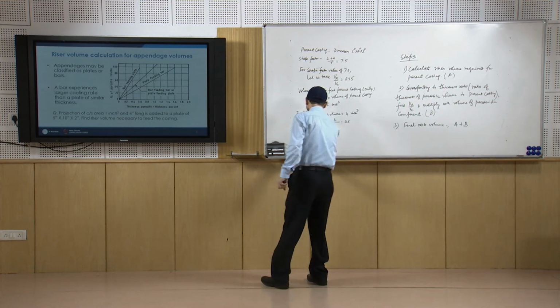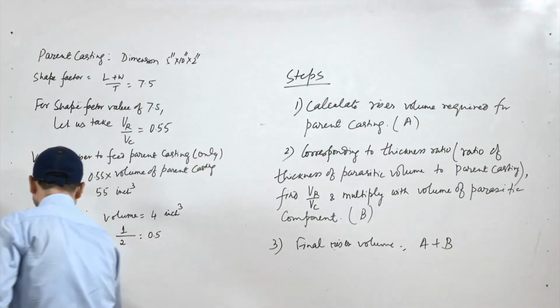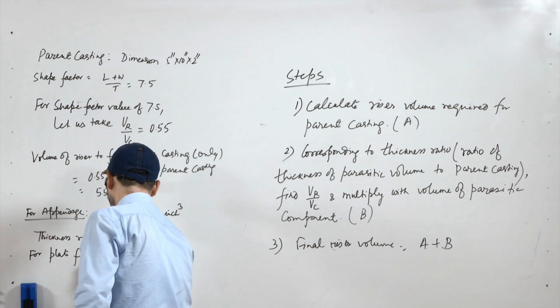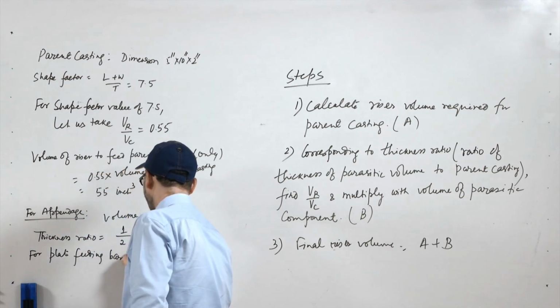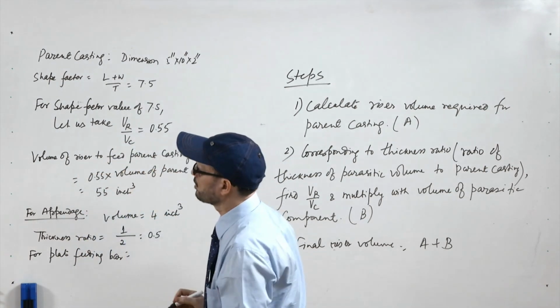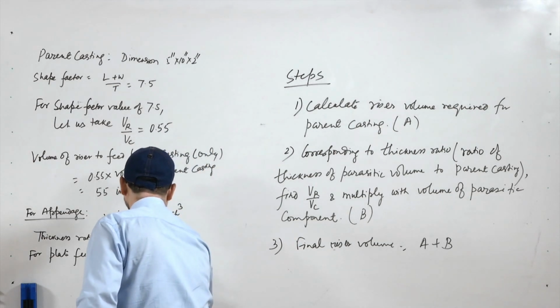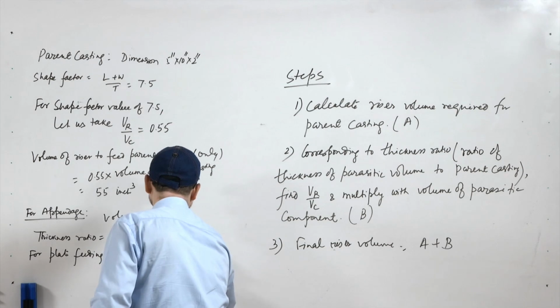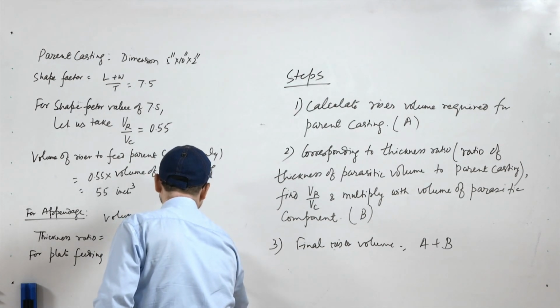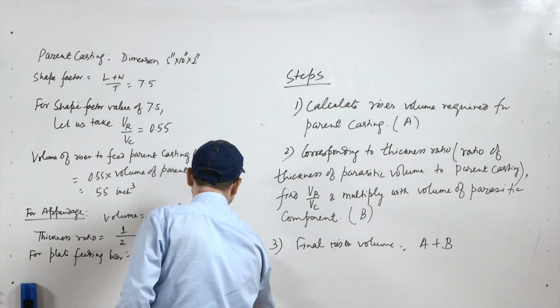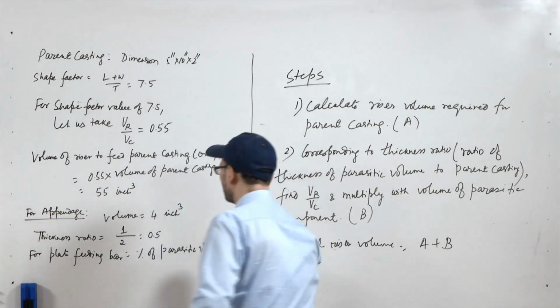So, for plate feeding bar, the percentage of parasitic volume is given as 30%, which we are reading from the graph.